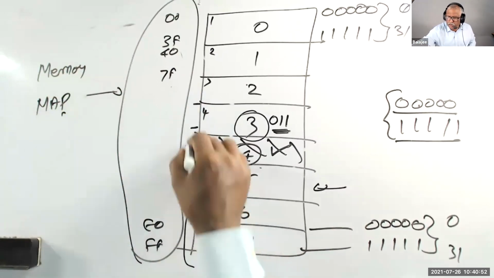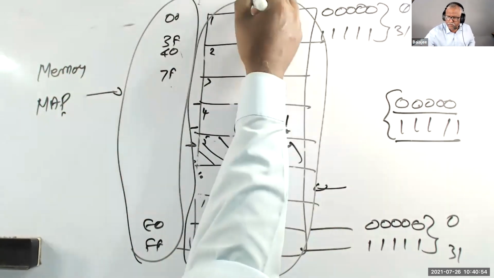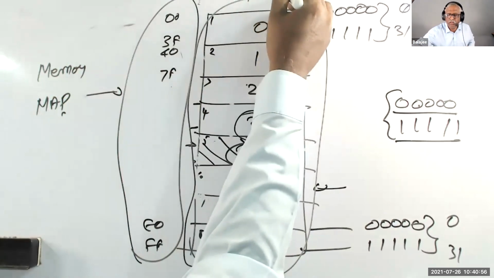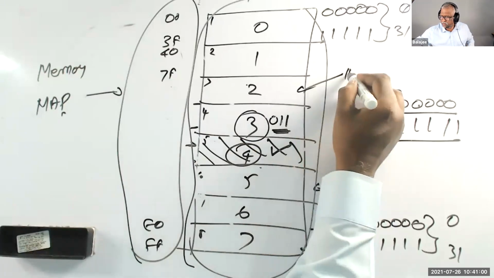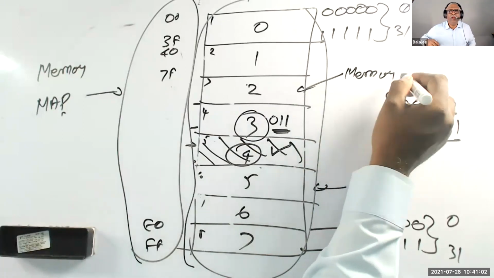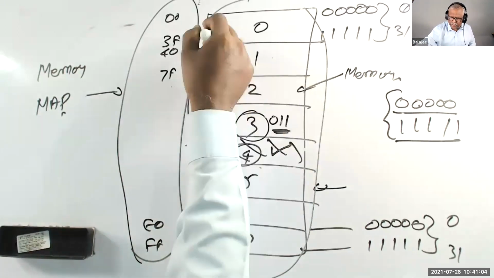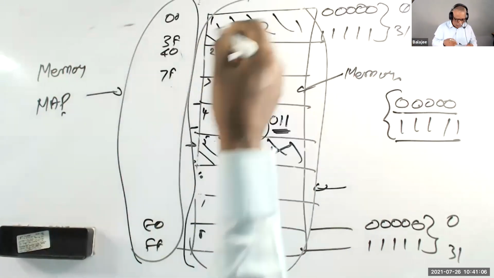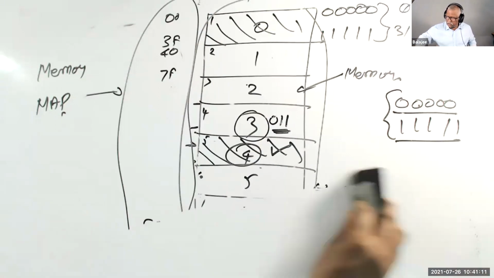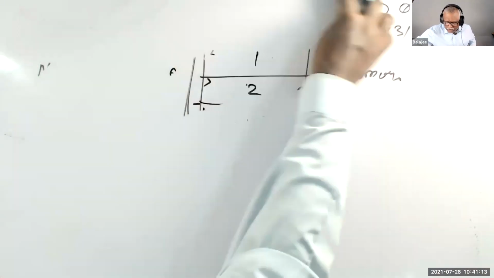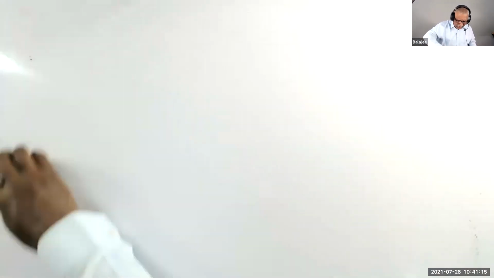What I've written in the notebook is nothing but a memory. This notebook is nothing but a memory, and each one is a separate memory chip. How do we connect all of them? That we will see in the microprocessor class. Okay. So whatever I discussed so far, try to recollect.